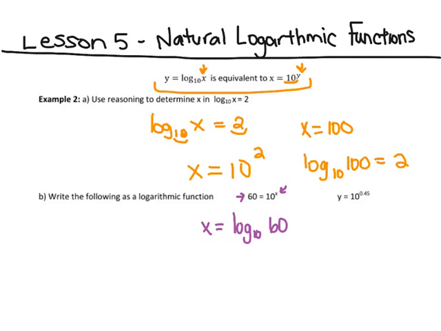If you did log base 10 of 60, you'd get a decimal 1.778 and so on. So if you typed in 10 to the power of that, you should get 60 when you answer it. So that's how you would solve for that exponent. And the reason we can do that is because our base is 10.